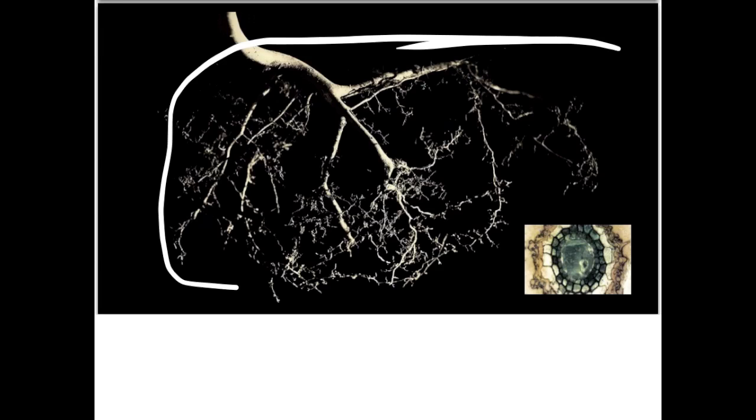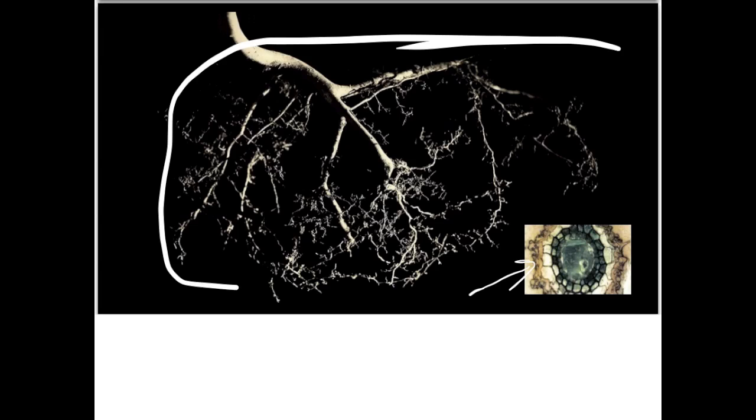If you want to look it up, Google the terms fractal and plant root, and you'll see that plant roots have a repeating pattern. That's kind of cool, but that's a rabbit trail. What we really are concerned about is this little interface right in here between the cells of a root and the air that's next to that root, or the water that's next to the root. And that interaction right there is really what we're concerned about.